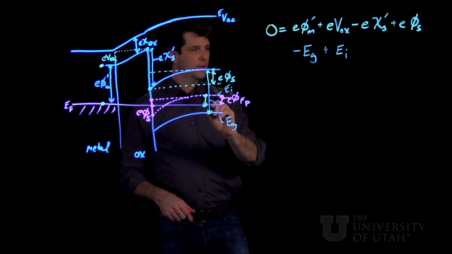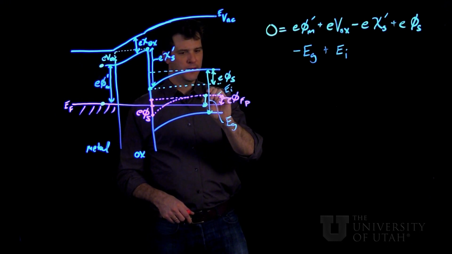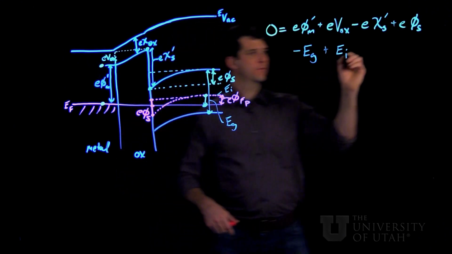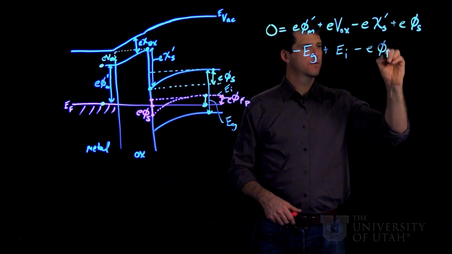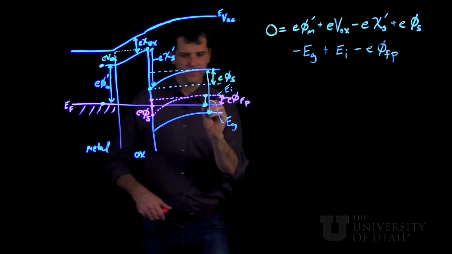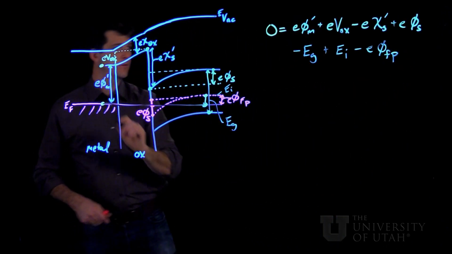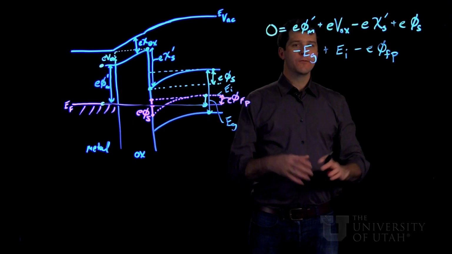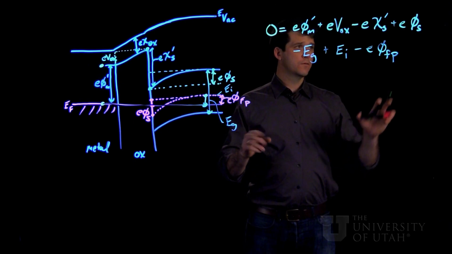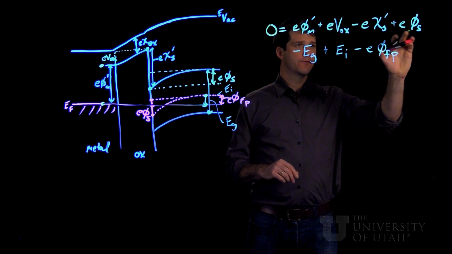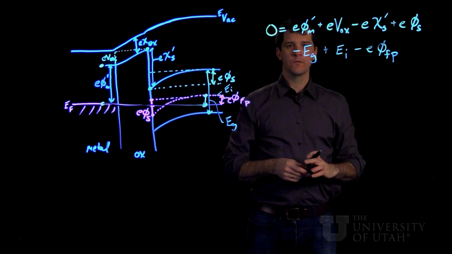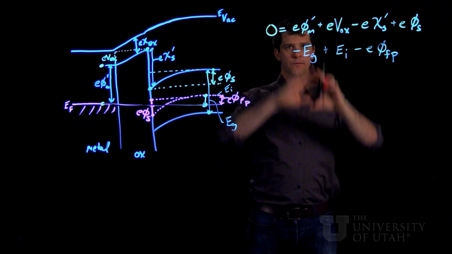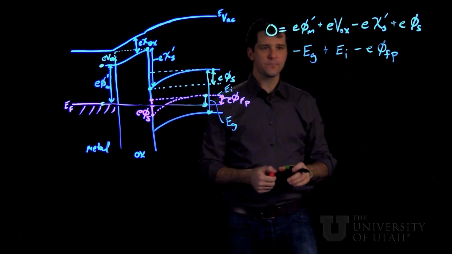So we go down by EG, up by EI, and then down by EFP. And that lets us complete the loop and know that this whole thing has to sum to 0. So now we can rearrange this and solve for the surface potential plus the voltage drop across the oxide in terms of all these other values.